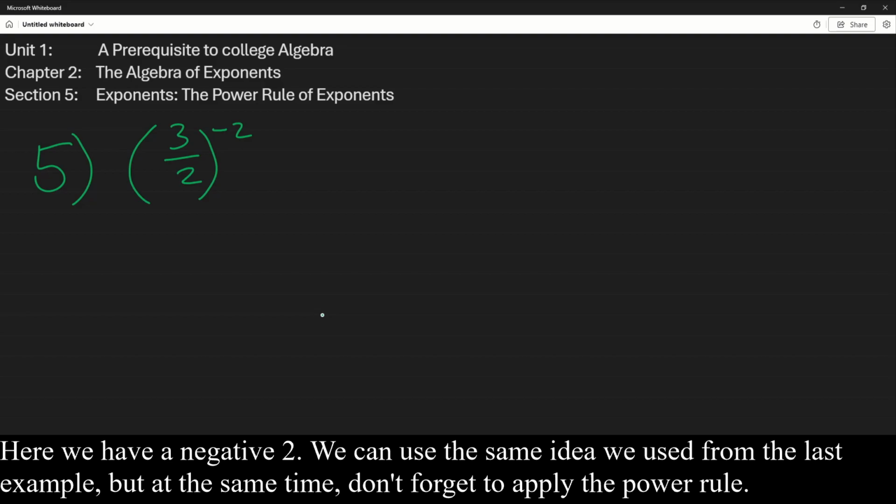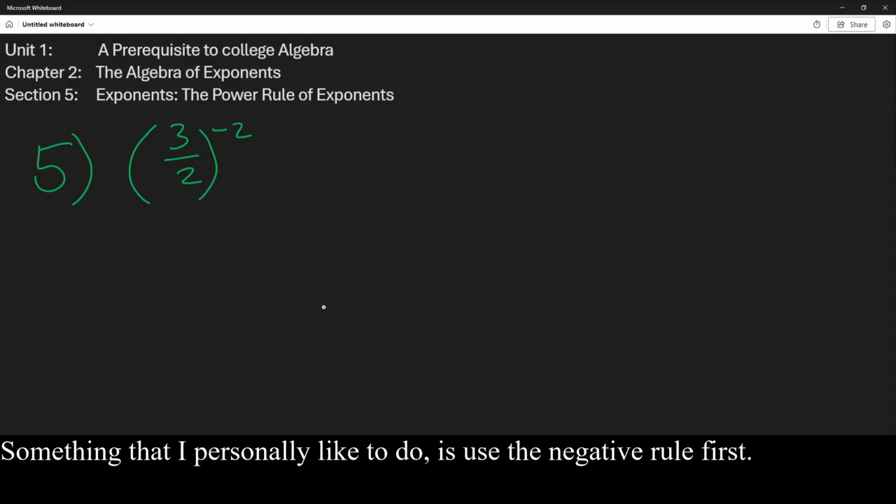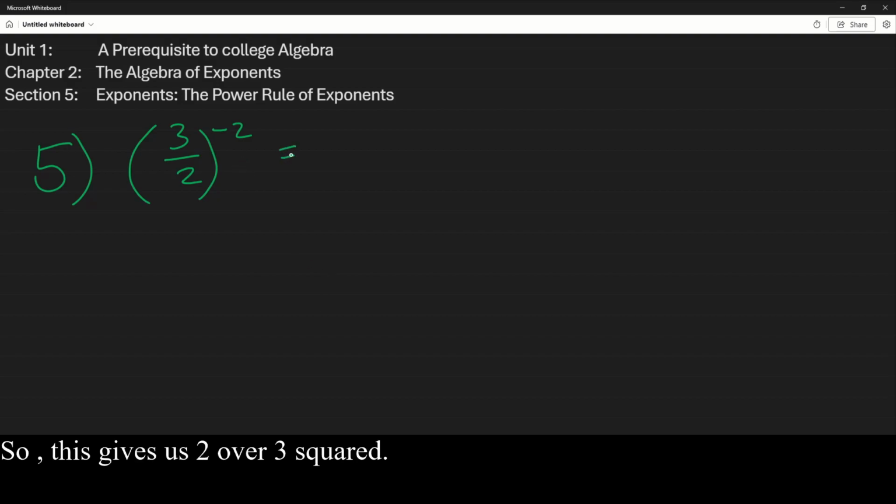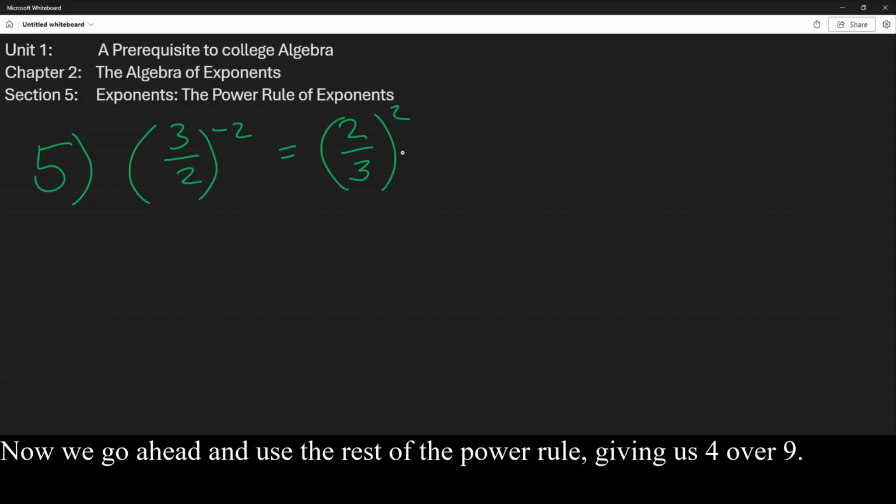We can use the same idea we used from the last example, but at the same time, don't forget to apply the power rule. Something that I personally like to do is to use the negative rule first. So this gives us 2 over 3 squared. Now we go ahead and use the rest of the power rule, giving us 4 over 9.